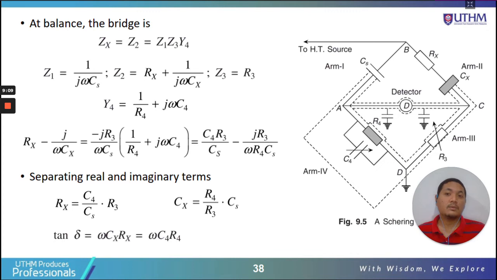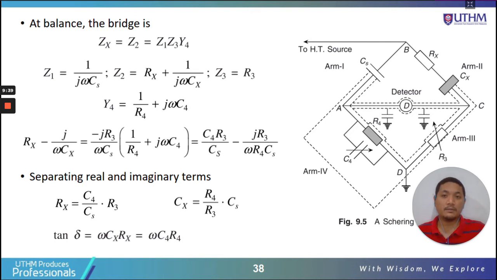Y4 is basically the same as 1 over Z4. Z is the impedance, Y is the admittance. Admittance is the inverse of impedance.